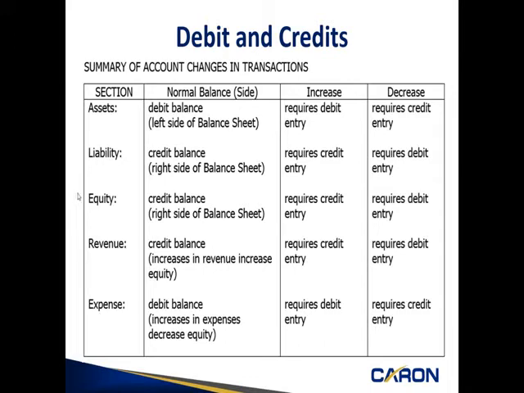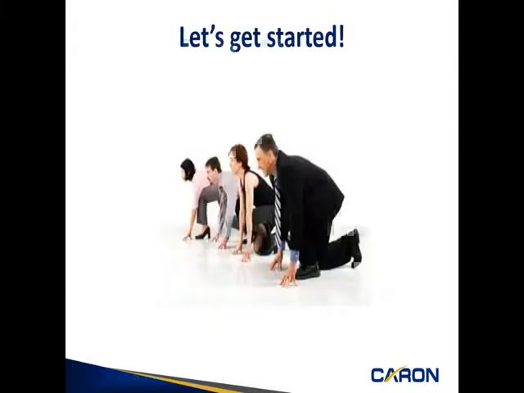There's only 5 groupings, right? And the normal balance for an asset account would be a debit balance. And if you increase, you require a debit. If you decrease, you'll do a credit. So again, this is just a text format of the previous diagram.